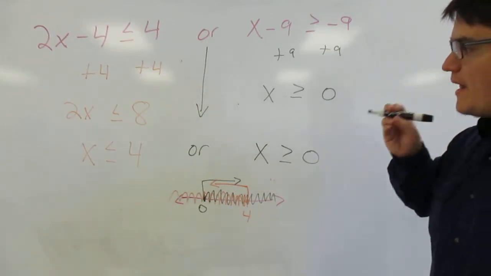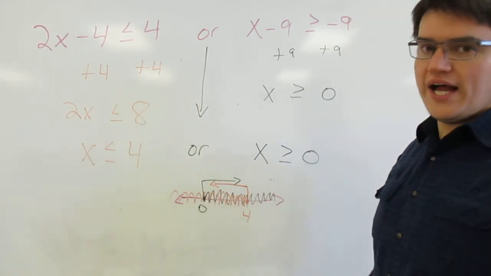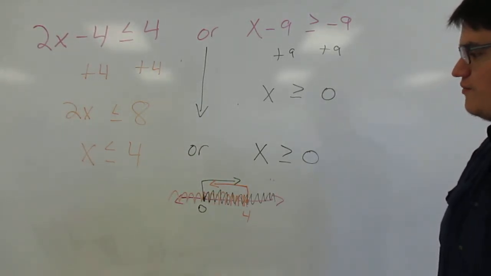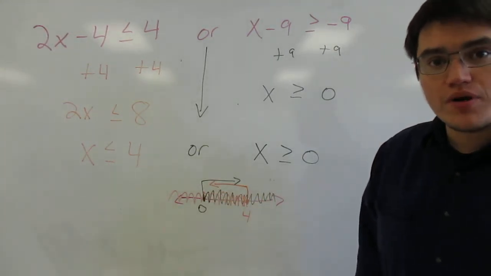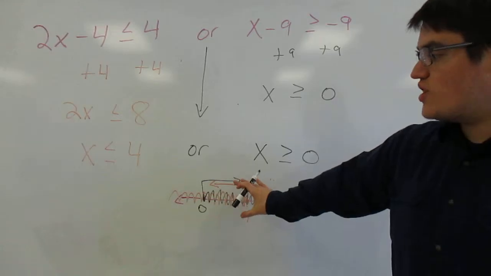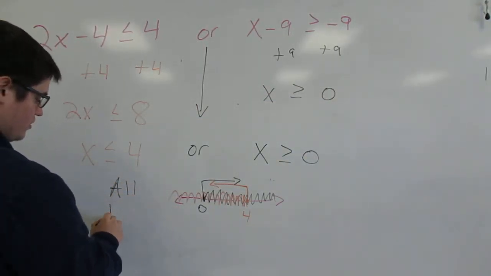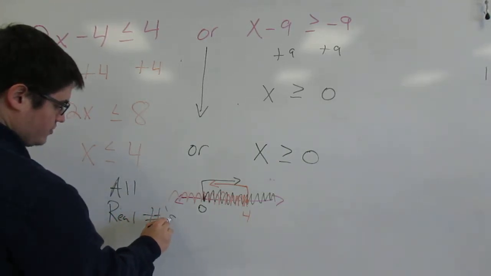Now remember, with an or, we could be one or the other. So it could be orange or black. You should be looking at this and saying, well, if I could be orange or black, this covers the entire number line. So in this case, our answer would be all real, oops, that was terrible, numbers.